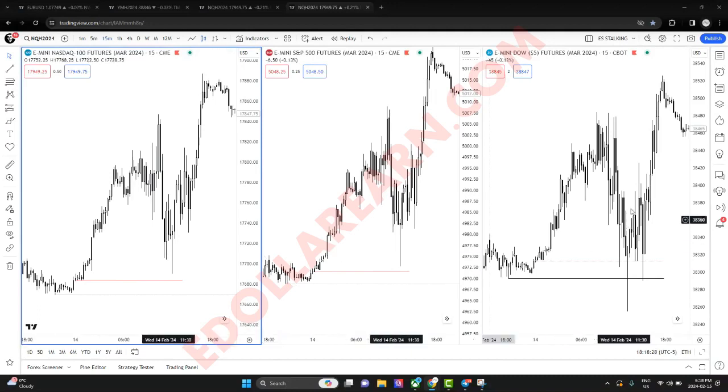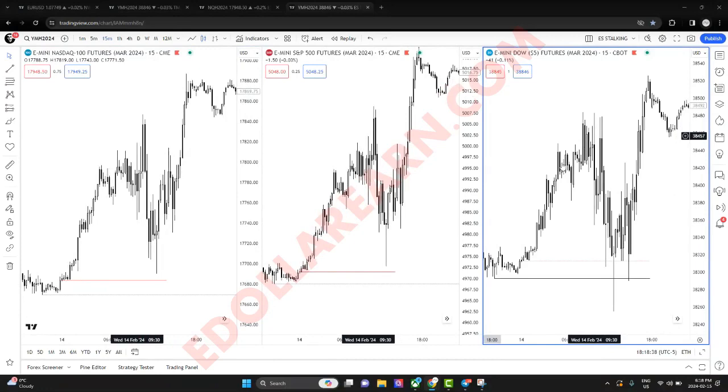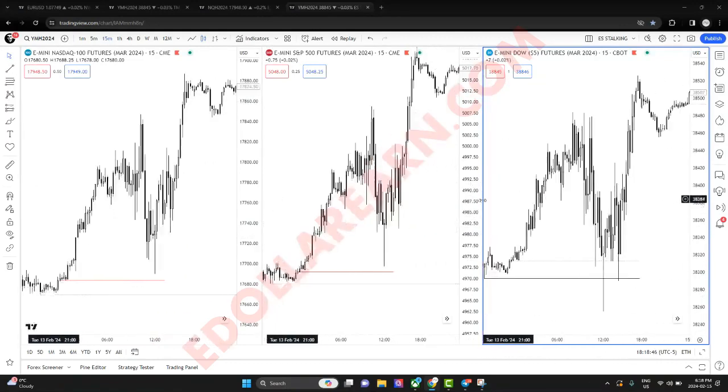As you guys can see, price traded here, then it exploded upwards, right, and reversing after trading into Tuesday, which we expected to form the low of the week.